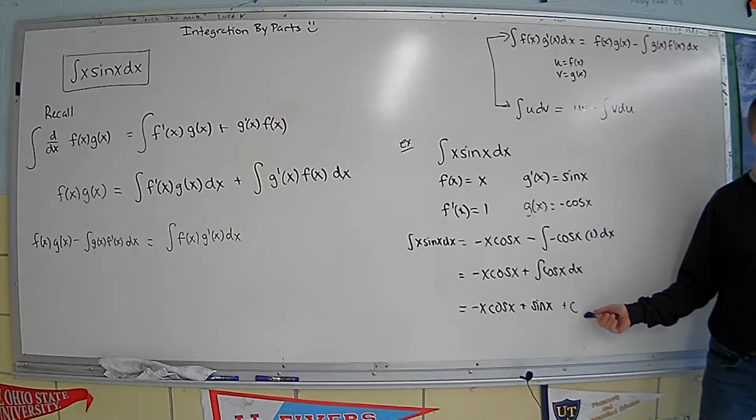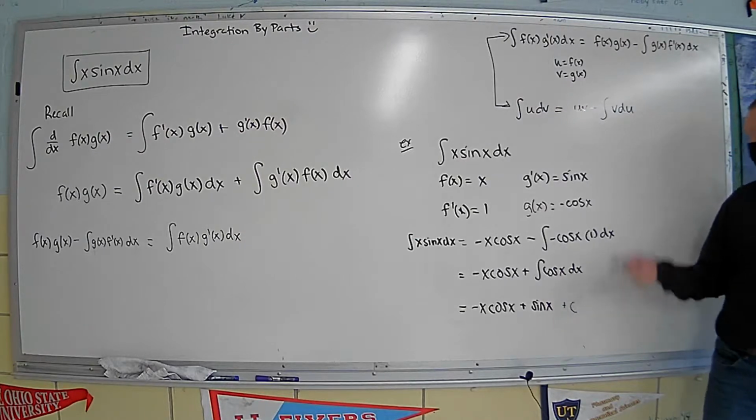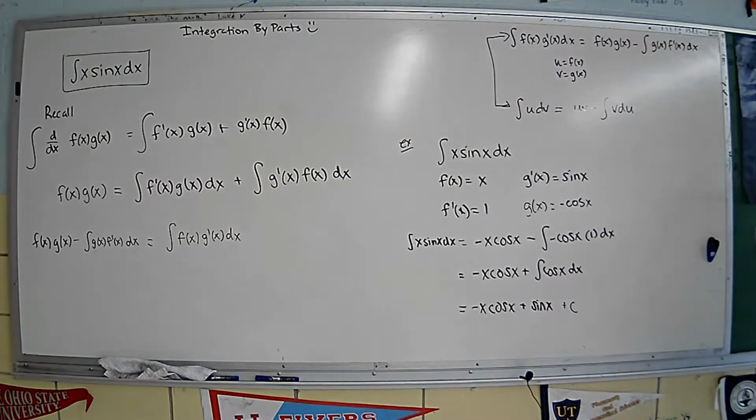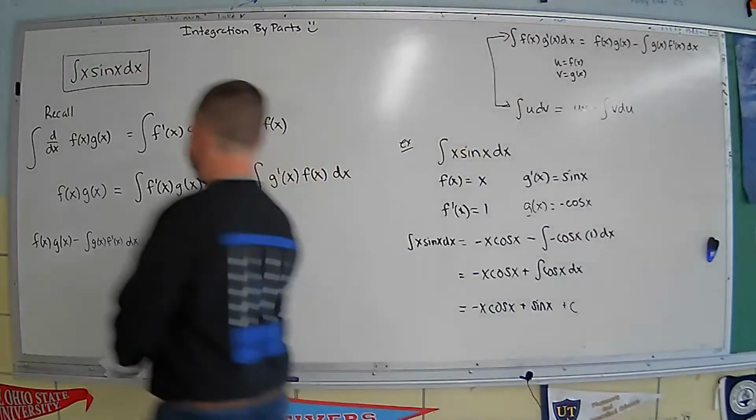Family size. Okay? So you don't have to worry about the chips midway. And I agree, there is no such thing as family size chips. Because they're all bite size. So, all right, let's do another one.